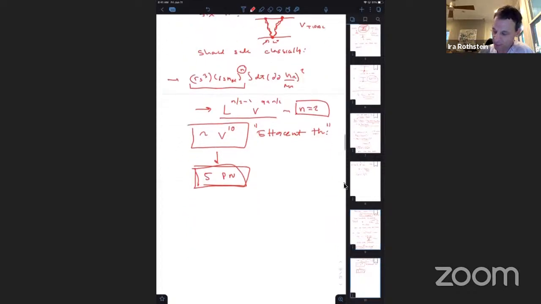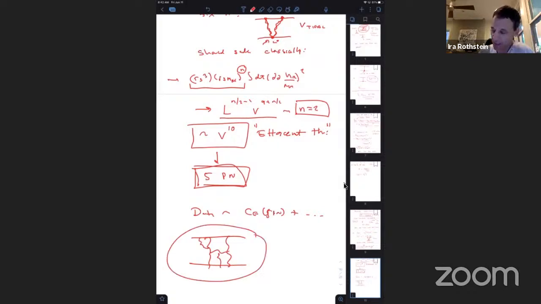In other words, the data has a piece which goes like CE in it, which is 5pn. And then there's other 5pn stuff that's not CE, that's coming just from, say, the 5pn correction to the Newtonian potential, things like that. So there's a huge amount of work to be done because we need to calculate these in order to extract this from the data.